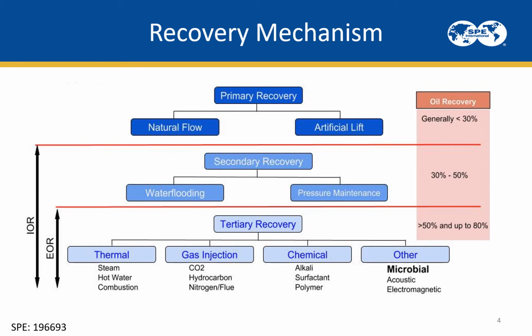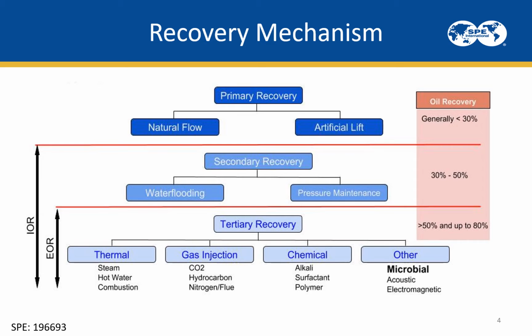As we all know, there are three types of recovery mechanisms: primary recovery, secondary recovery, and tertiary recovery. By primary recovery, we can recover up to 30%, and this could be by natural flow or by artificial lift.